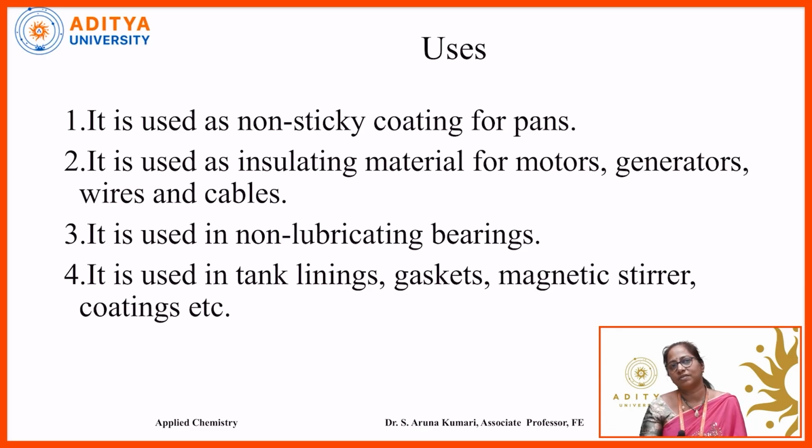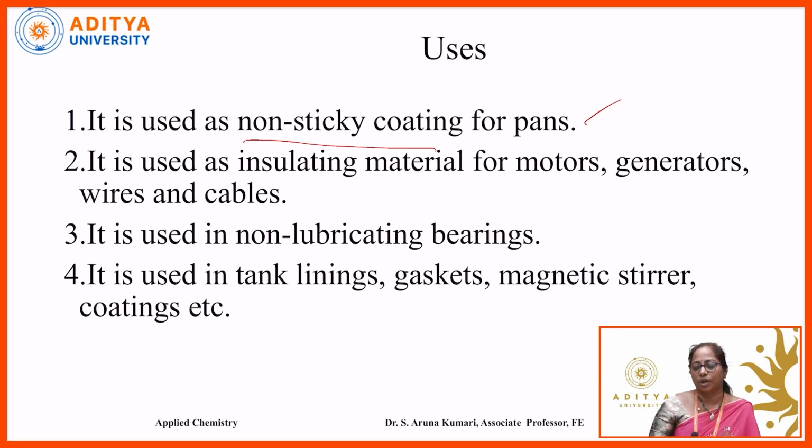Now let us discuss its uses. It is used as a non-stick coating for pans. So here we are discussing its few applications where it has been used as non-sticky coating for pans. It is also used as insulating material for motors, generators, wires and cables.